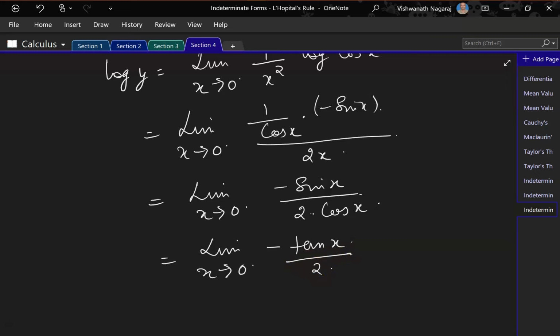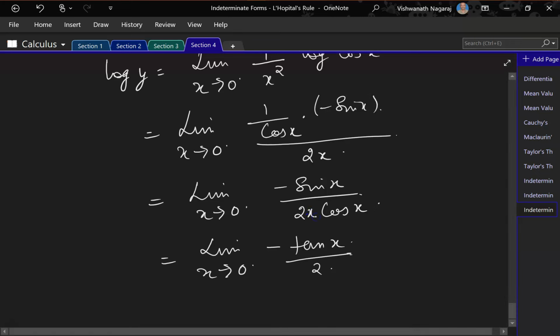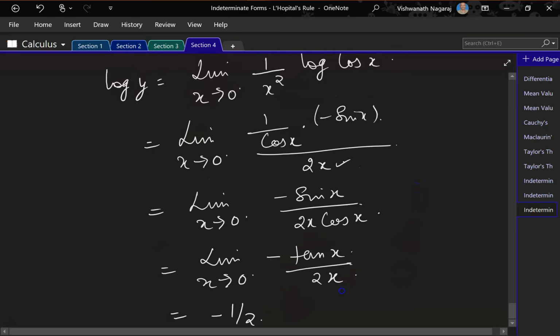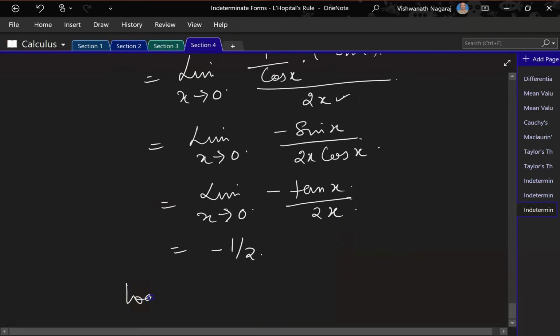Yes, we have 2x. So once we take the limit, tan x by x becomes 1, and we are left with minus 1 by 2. And don't forget, this is log y equal to minus 1 by 2.